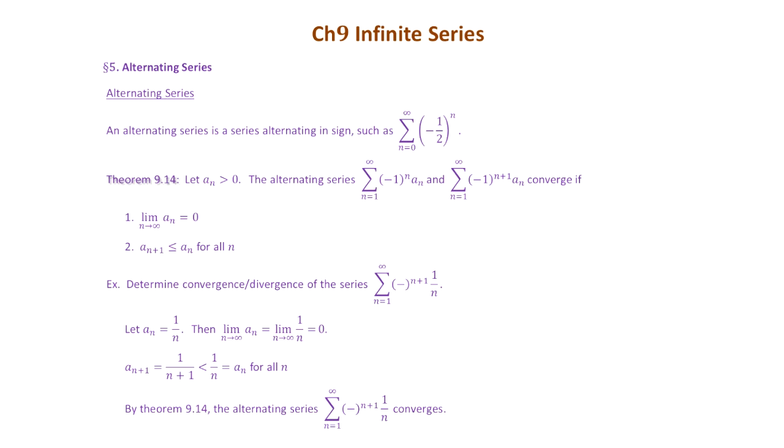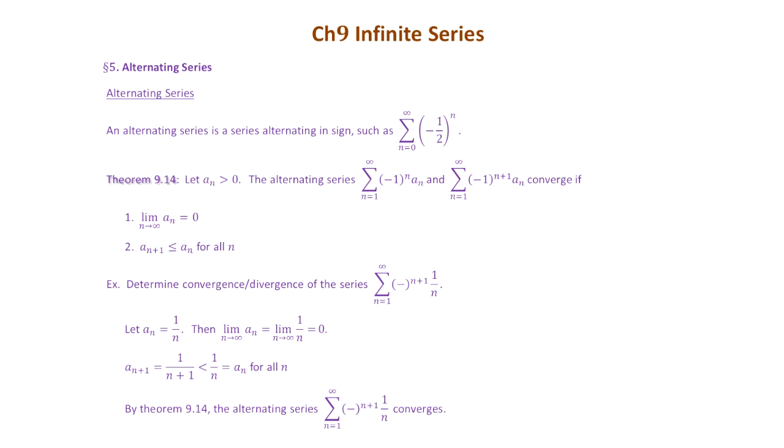So when does this kind of series converge? There are two conditions. The first condition, limit of an must be 0. The magnitude of the terms in the series has to converge to 0. This is required for every series if it converges.